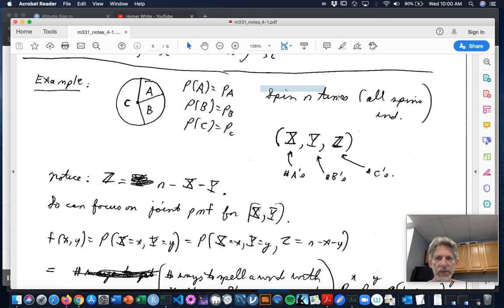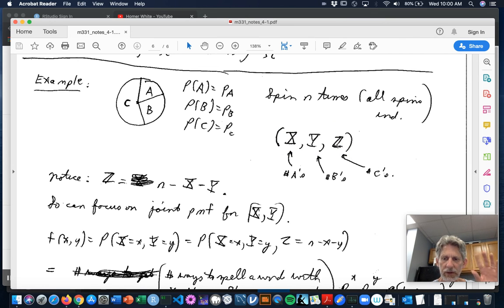And let's say that you spin n times and all your spins are independent of each other. Let capital X be how many A's you got, capital Y how many B's you got, and capital Z how many C's you got. So this would be like an ordered triple.